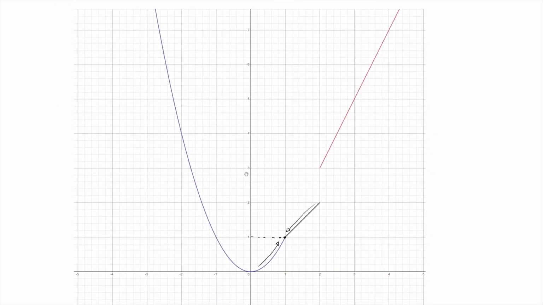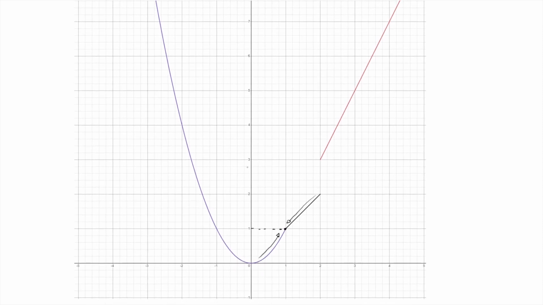But as we are approaching 2, what you'll notice is that as we approach 2 from the left-hand side, we're approaching this value, which in this case is equal to 2. But as we approach 2 from the right-hand side, we're going to get a different value, in this case 3. So there is a jump from 2 to 3.